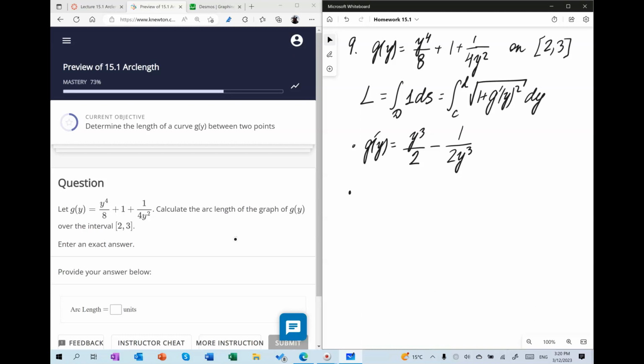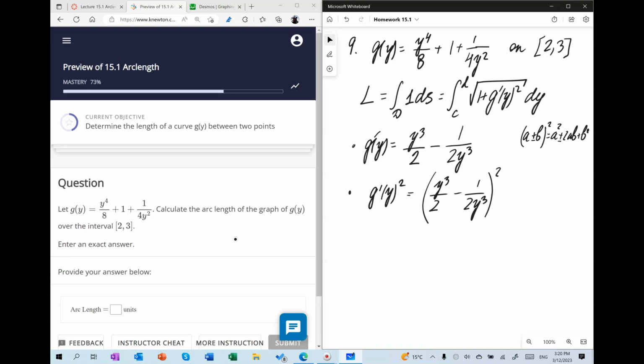let me show you a slightly different way of writing this, and again, it only makes sense to write it this way when you take advantage of this pattern. So we're going to square the g prime, so we get y cube over 2 minus 1 over 2y cube squared. So I'm going to use this formula here. A plus b squared is equal to a squared plus 2ab plus b squared.